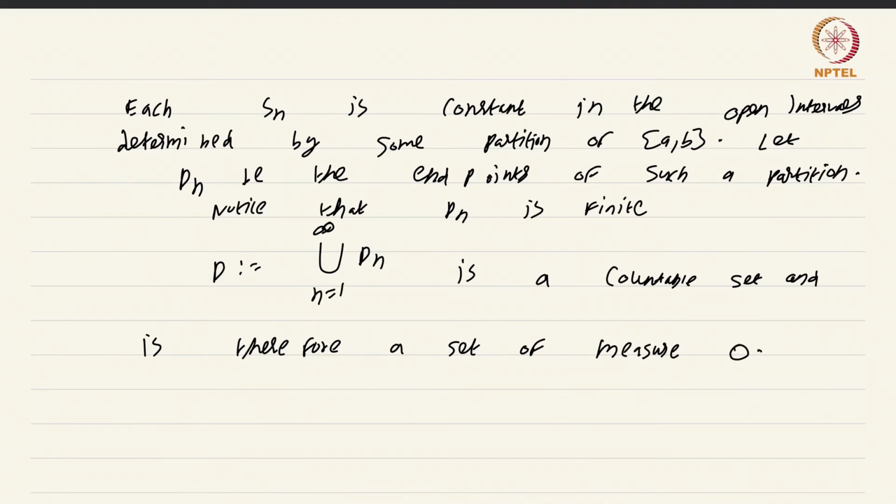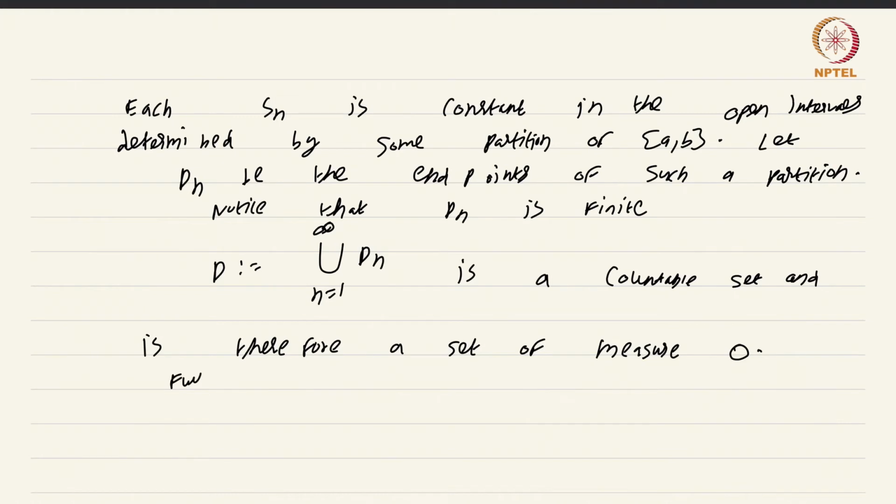So we have isolated one set of bad points, those points where there is an endpoint of the interval of constancy of one of the step functions. All such endpoints of partitions we have put together in the set D, and that set is thankfully a small set because it's countable.